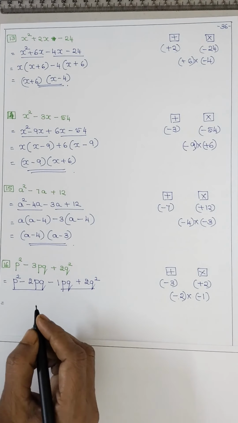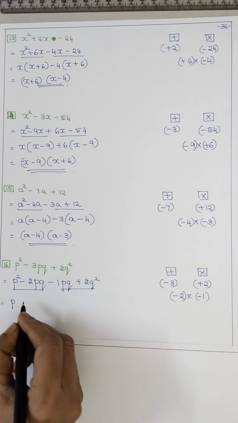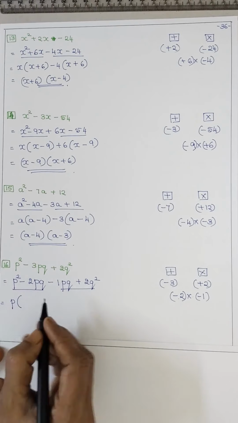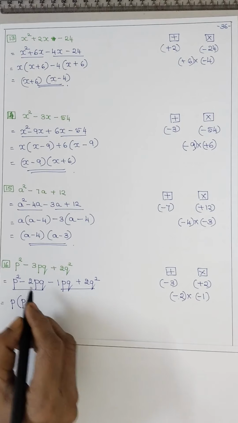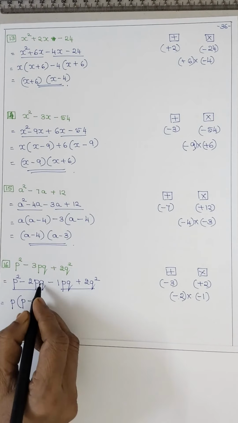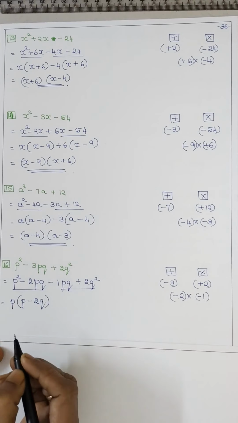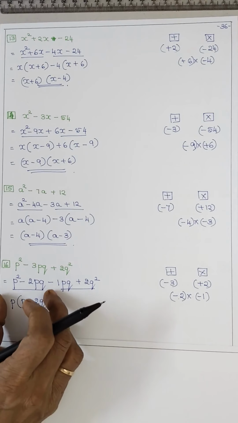Now here you have to be careful. In this p is common. Okay, now here p is remaining, minus 2, p already was taken, so q. So you got p minus 2q remaining here.